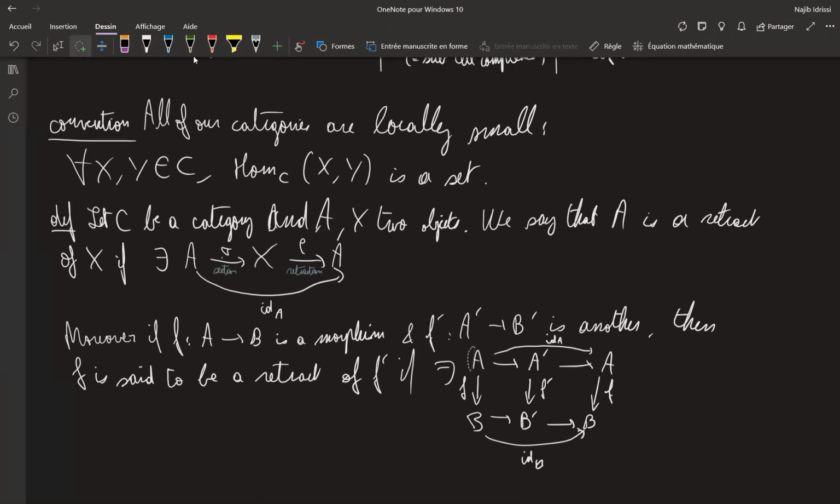So it means that the source of f is a retract of the source of f prime. The target is a retract of the target. And you can find, well, a section and a retraction in a way that everything commutes. Okay, so this is a generalization of the notion of retractions or retracts to basically the category of arrows.